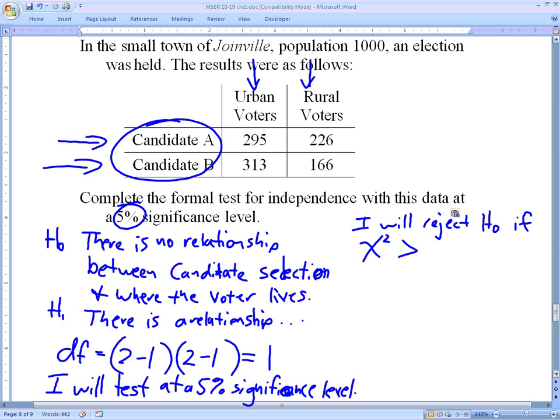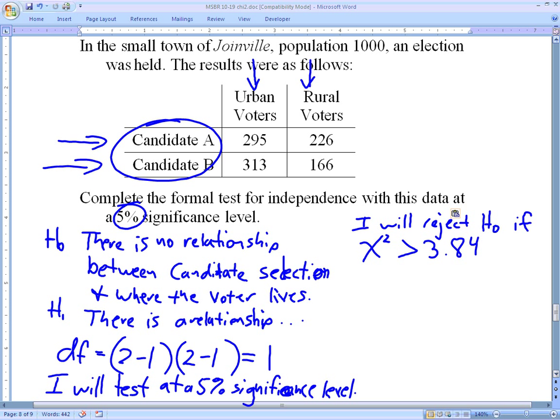Now the critical value I need to look up on that table, and since I've written all this stuff, I'm not going to erase it all right now, but if you go back to the previous slide, we look at our degree of freedom, which was 1. We're testing at 5%, and then you can find the critical value, and it was 3.84. So I will reject my null hypothesis if chi-squared is greater than 3.84.